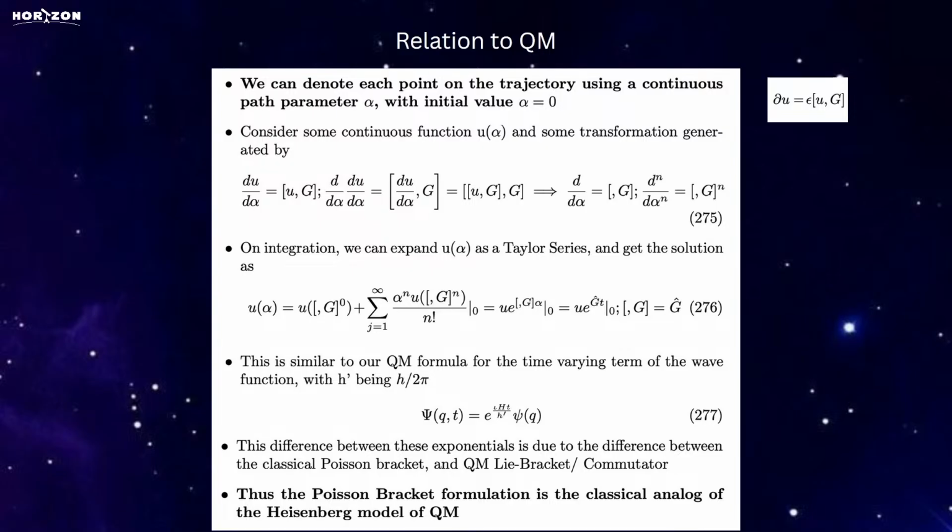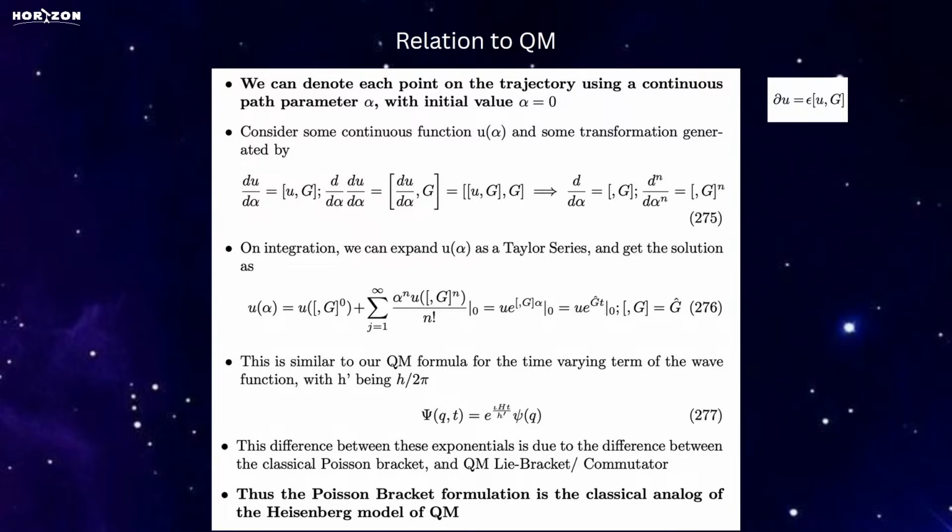This kind of notation is possible because these relations are true for all G, not some specific G alone. Thus, in a sense, since it's independent of u, d/dα and [ , G] are equal. This is called operator notation.